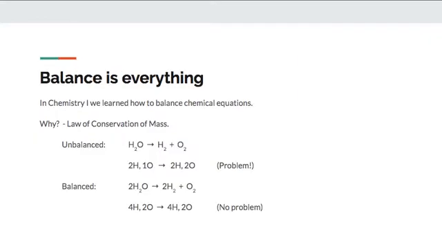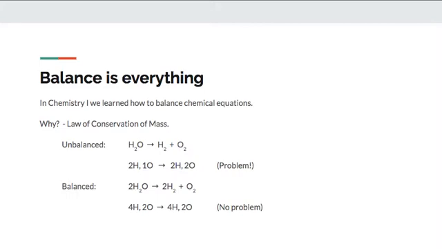So, if we're going to study stoichiometry, we have to take a look at chemical equations and why it's important to balance a chemical equation. Okay, balance is everything. In Chem 1, we learned how to balance the chemical equations, and we did this because of the law of conservation of mass.